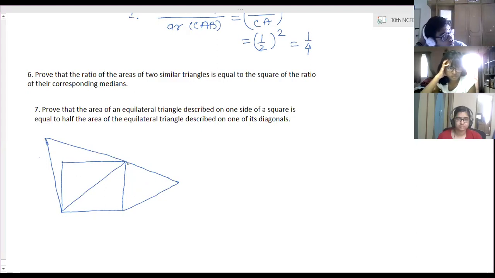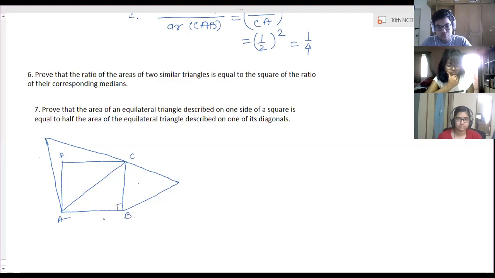This is one other equilateral triangle with the diagonal as one of the sides. And this triangle has the side as one of the sides of the equilateral triangle. Then the area of this triangle, you have to show, is equal to half the area of this triangle. ABCD is a square.